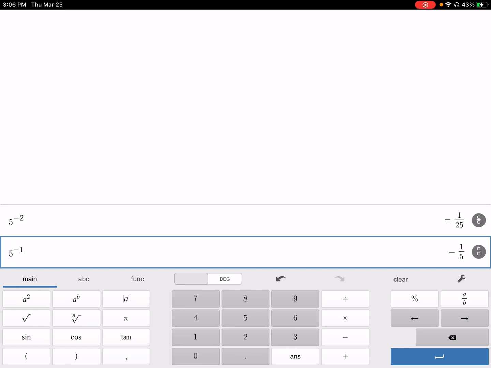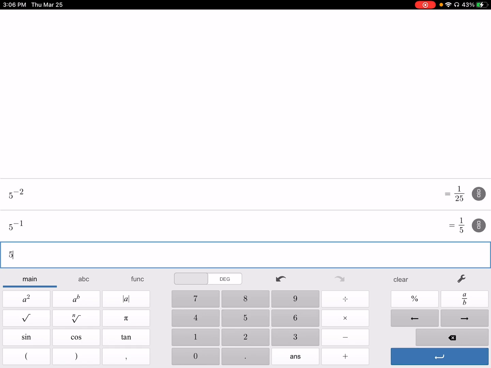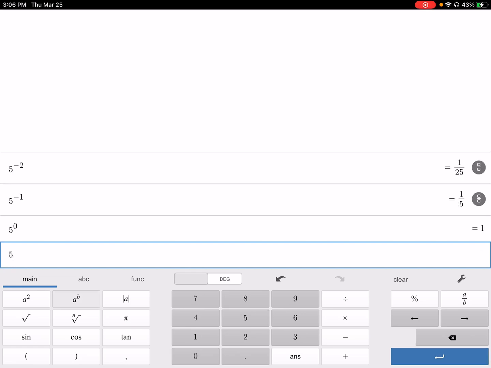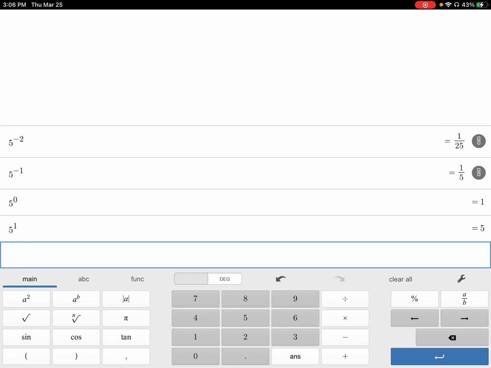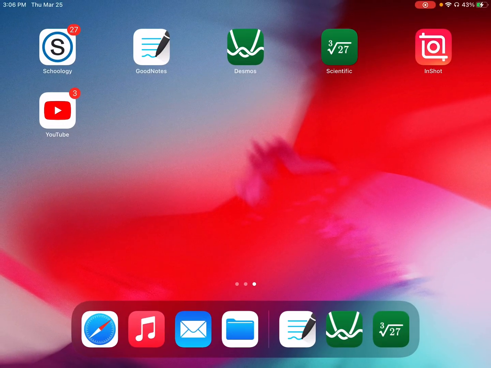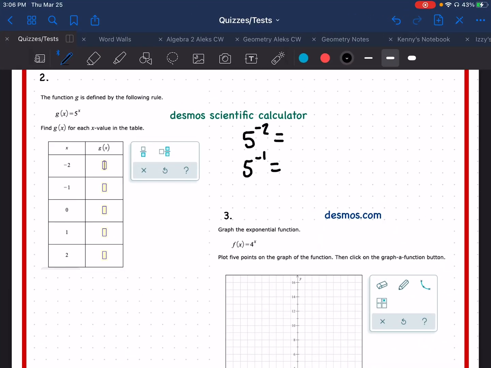Same thing, I'm going to click on the circle to change it to a fraction. 5 to the 0, that one's okay. 5 to the 1, that one's okay. 5 squared. So there's my answers for my table. 1 over 25, 1 over 5, 1, 5, and 25. And I'm just going to go back and plug those in.